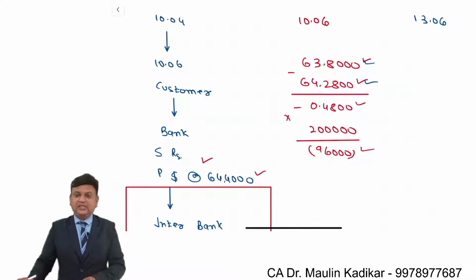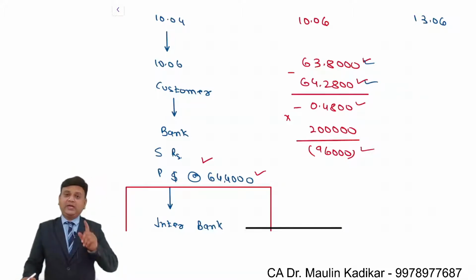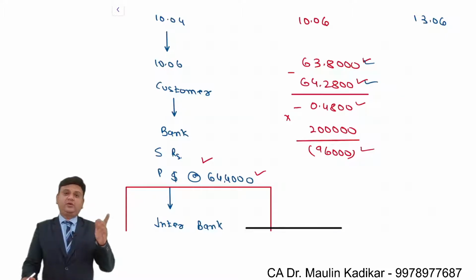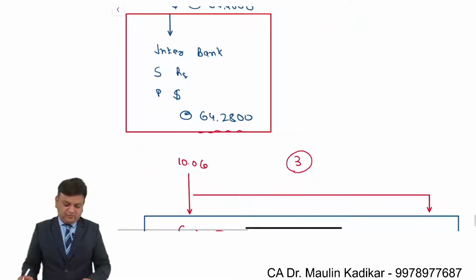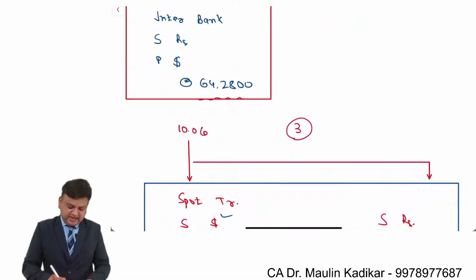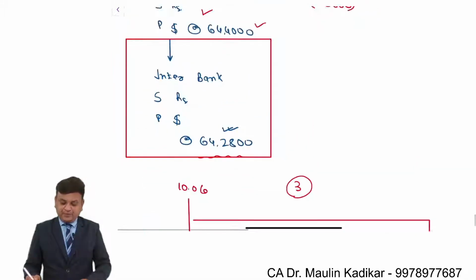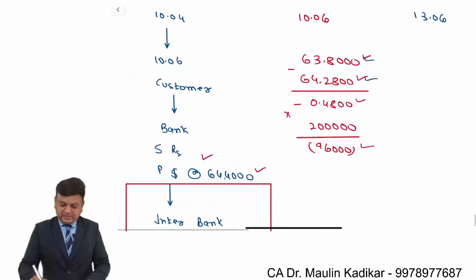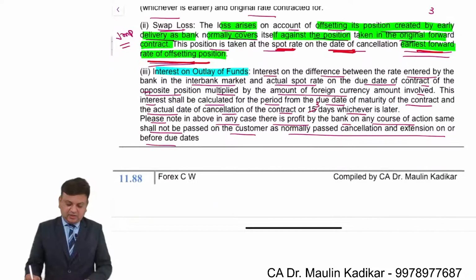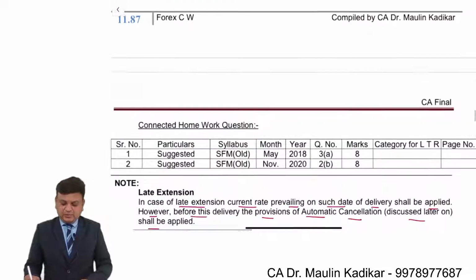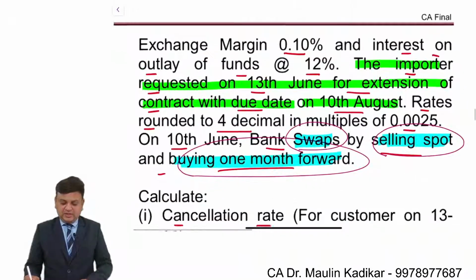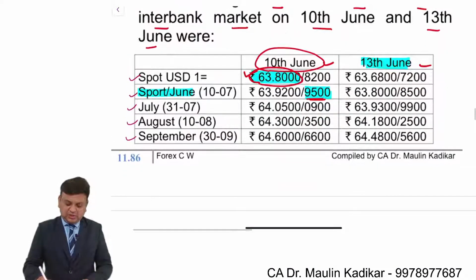The very first thing you have to do is cancel your original forward contract in which you had entered. Your original forward contract was to buy dollar from me at 64.28. So you purchase dollar at 64.28 and you convert that dollar into rupees at the spot exchange rate prevailing on the date on which you have come, that is on 13th of June.